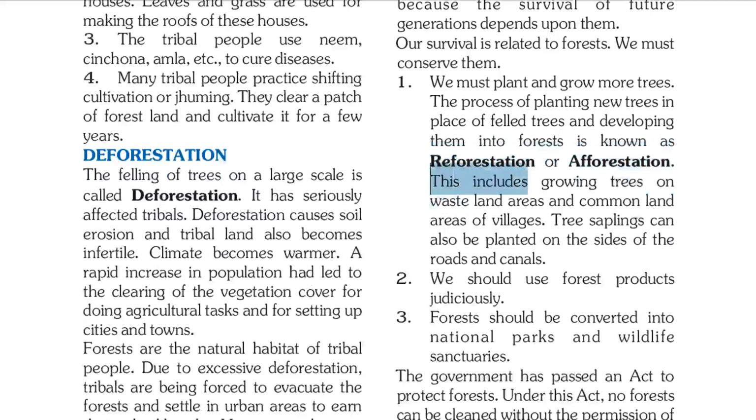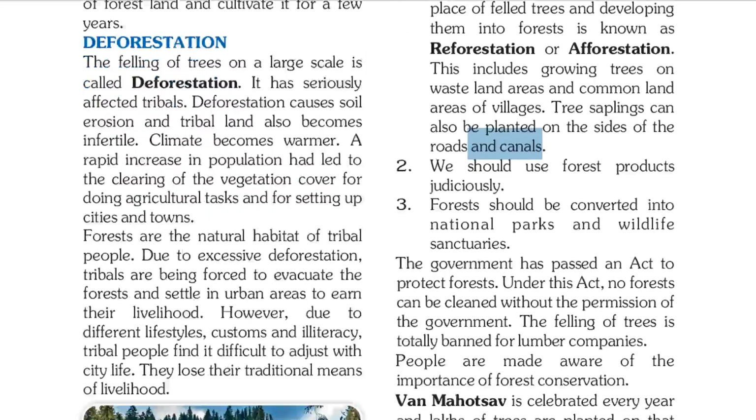This includes growing trees on wasteland areas and common land areas of village. Tree saplings can also be planted on the sides of the roads and canals. We should use forest products judiciously.